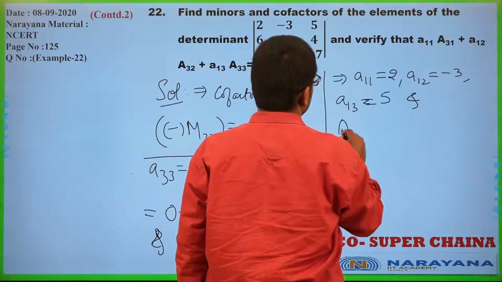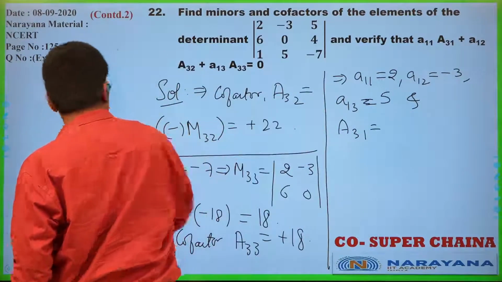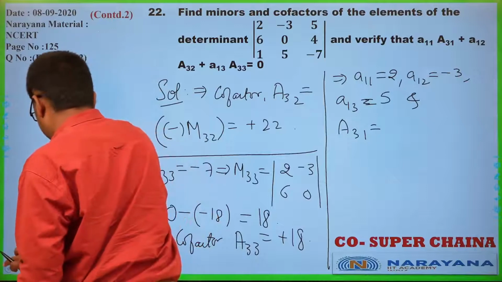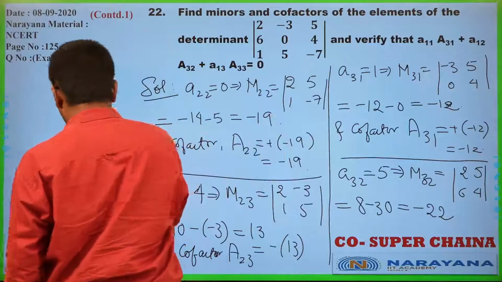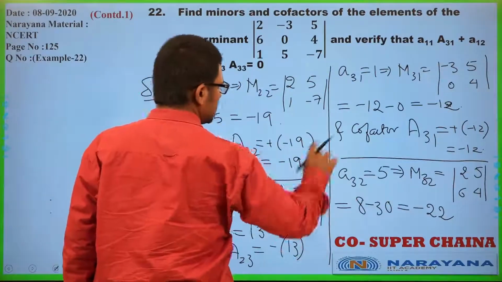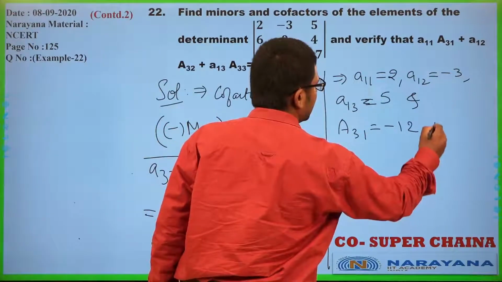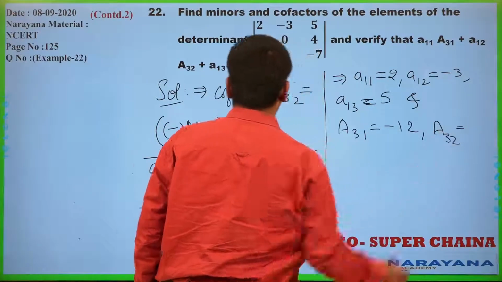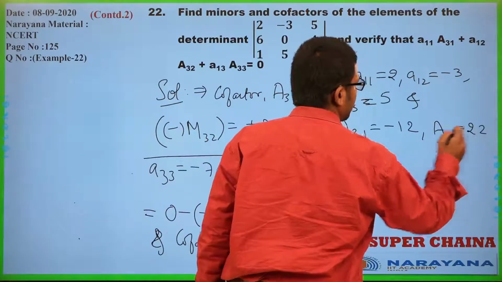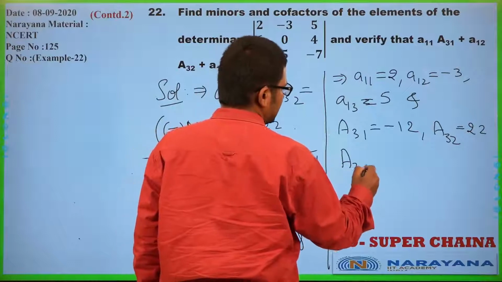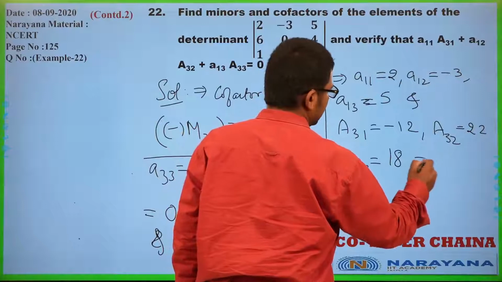And capital A31 is minus 12. Capital A32 is plus 22. Capital A33 is plus 18, right?